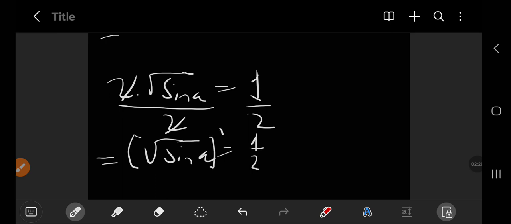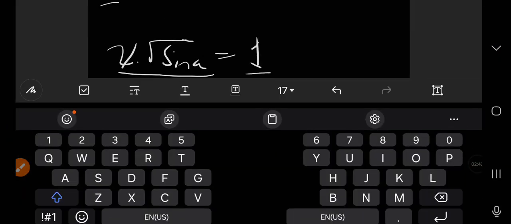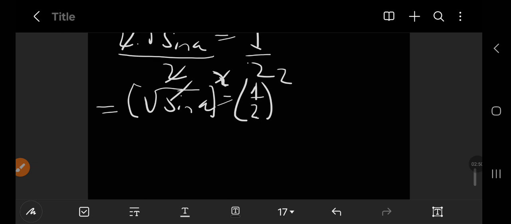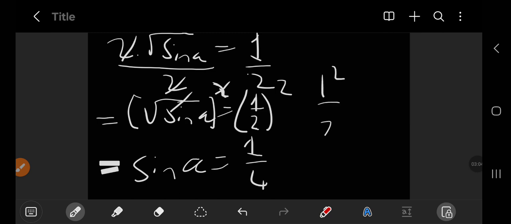You square both sides, and then you'll be left with sine alpha equals 1 over 4, because the 1 will be squared at the top and also the 2 at the bottom, so it simplifies to 1 over 4.